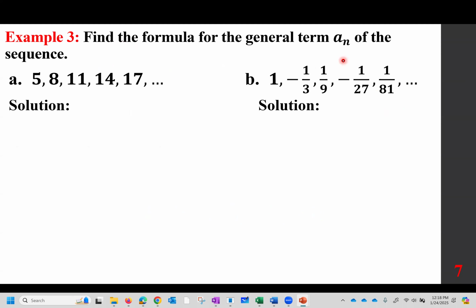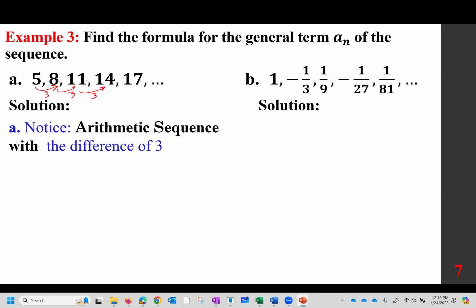The first one we notice is that we are adding the number 3. So that's an arithmetic sequence with a common difference of 3. We notice that. The first term is 5 and the difference is 3.